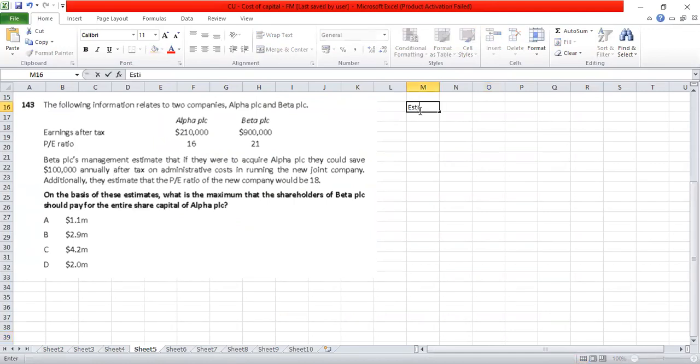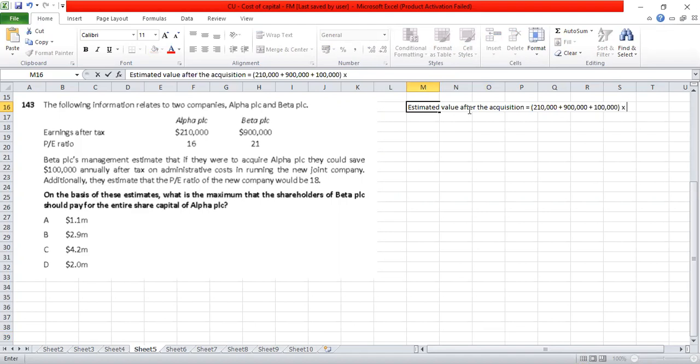Let's calculate the estimated value: earnings of Alpha plus earnings of Beta plus the cost savings, that is another benefit, the 100,000 cost benefit.